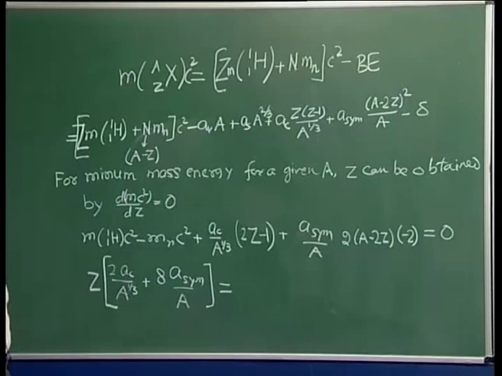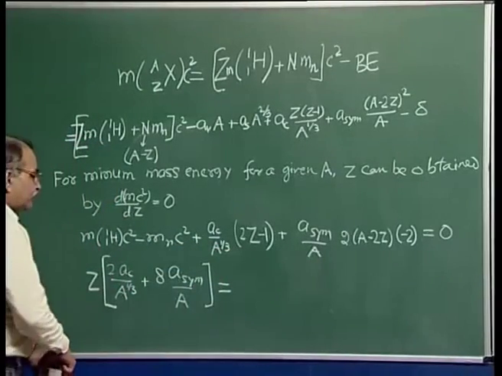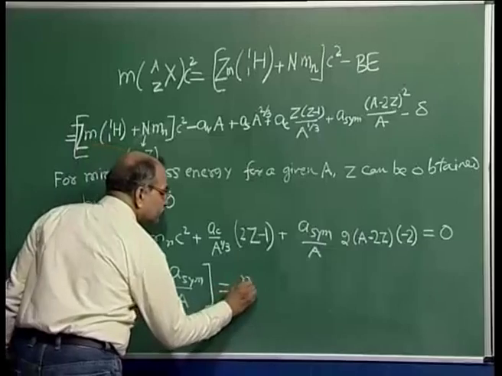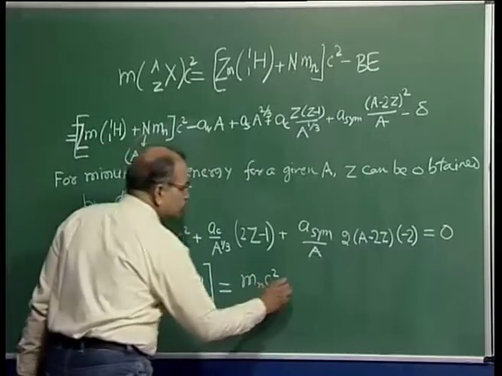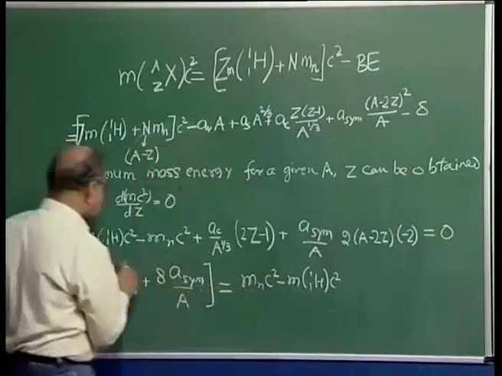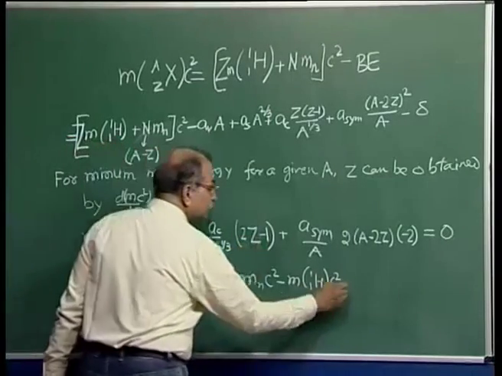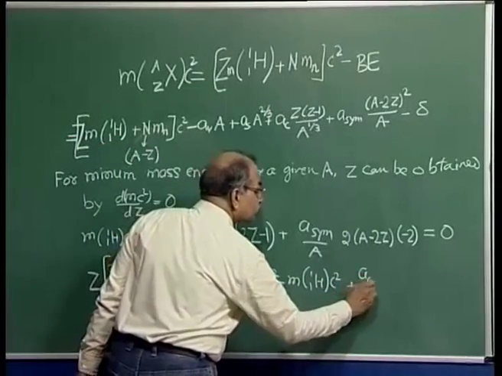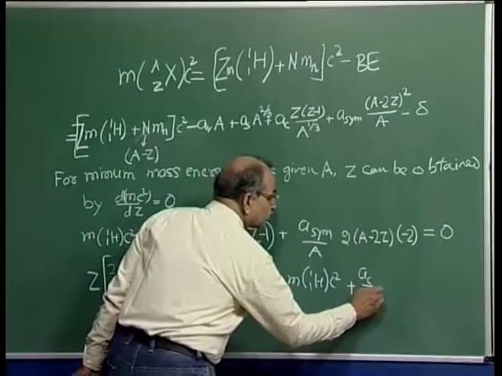Now, go to the other side, the terms without z. So this will be mn c square minus mass of this hydrogen atom times c square. I have taken this, I have taken this, and here it is plus AC by A to the power 1 by 3.